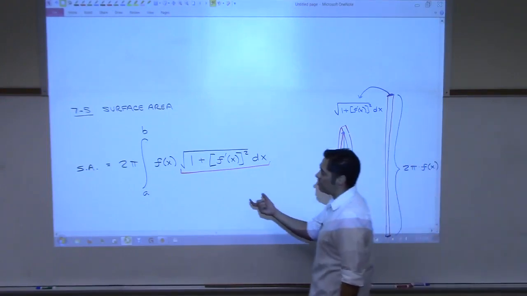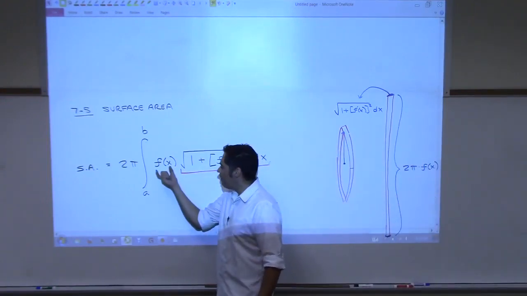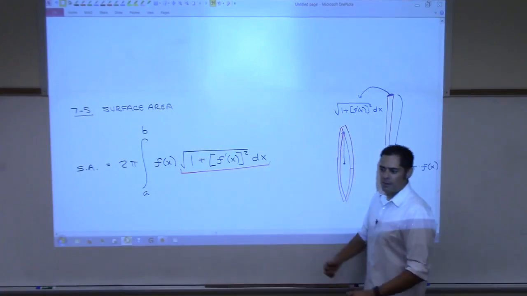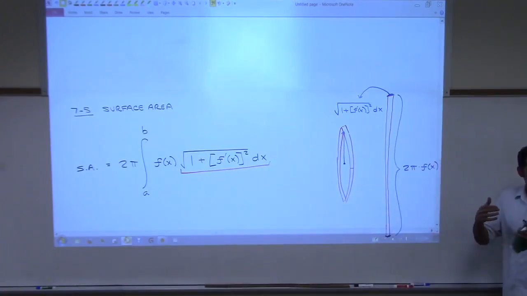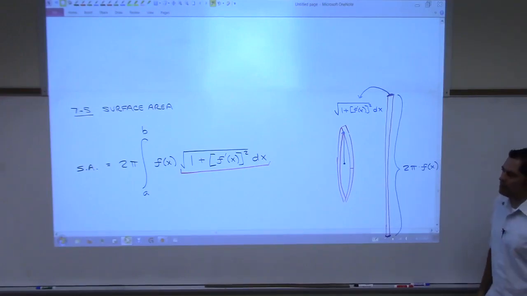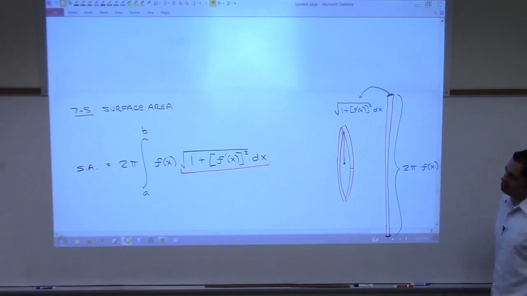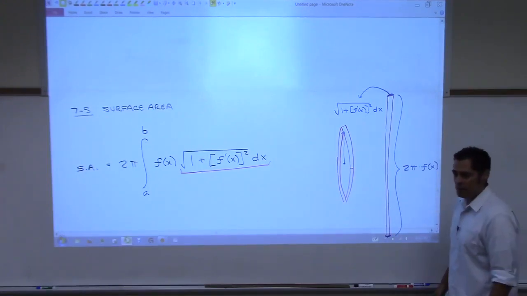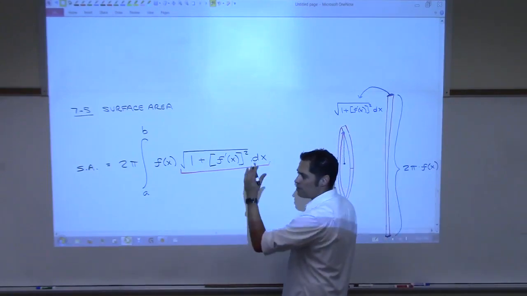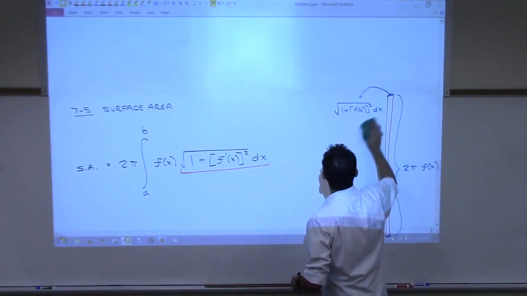But this actually sometimes saves you. Having this out here gives you something where you can have a basic u-sub, like a u du, and it can be nice. All right, so we just apply the formula. Right, that's what we would do. Someone gives you a problem, says what's the surface area, apply the formula.